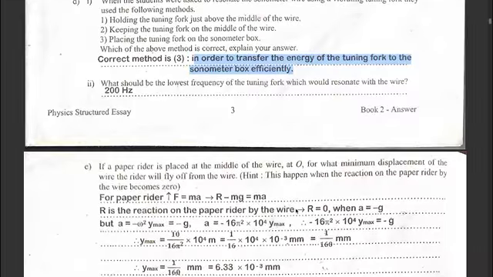Then they wanted to find the minimum displacement of the wire at which the paper rider will jump off. We can apply F equals ma, and from that we can get the answer.